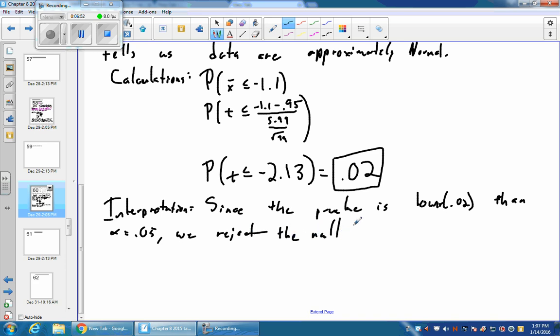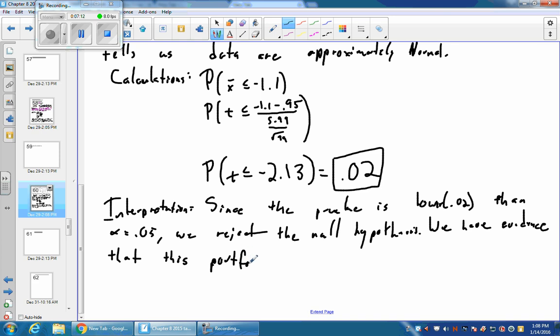And then we have to say what this means. So we can say we have evidence that this portfolio performed worse than the general market. So it did much worse than the S&P 500.